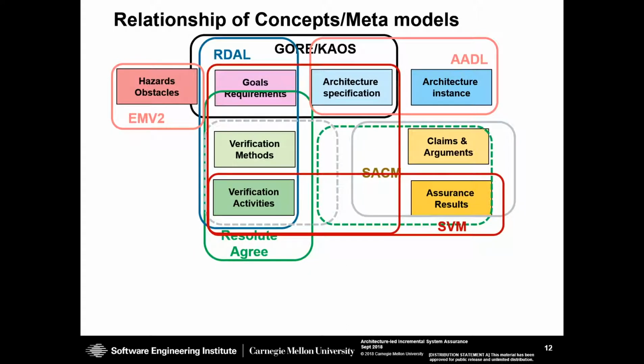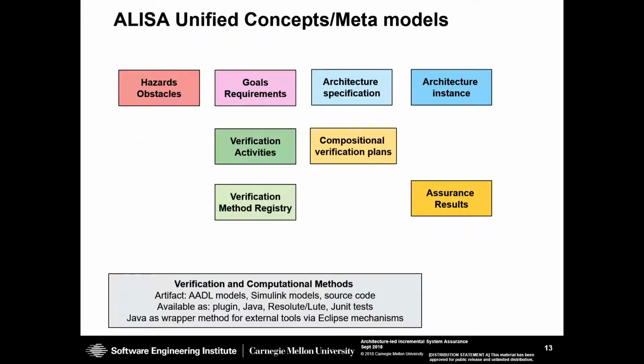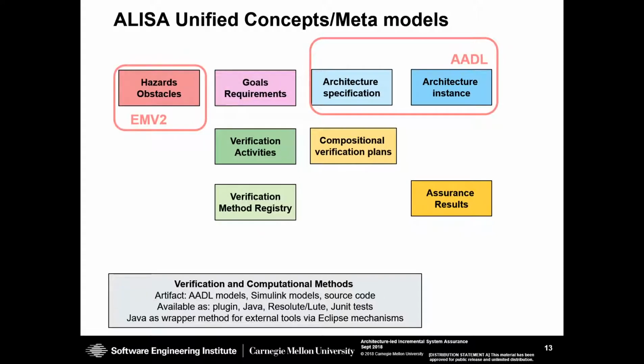And finally, we have done work a while back on something called System Verification Manager that also covered a similar space. And so drawing on that experience, we then developed the notations that you find in ALISA with minimal overlap. So we have AADL and EMV2. We have ReqSpec that deals with modeling goals and requirements.